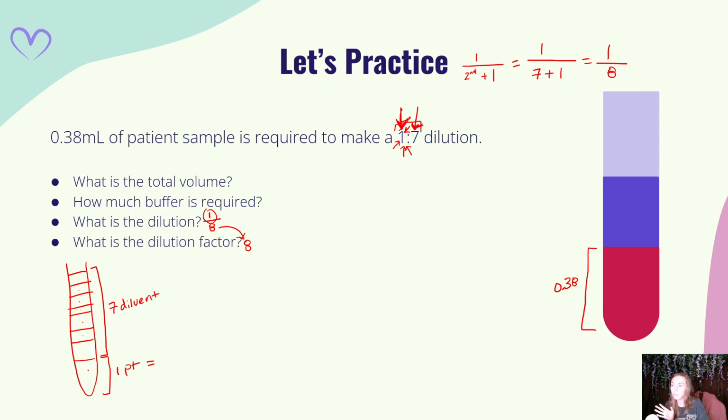We already know that that patient's 1 part is equal to 0.38 mils. We have 7 parts diluent. So because we have 7 parts diluent, we can just take our value for 1 part here, which is 0.38, and multiply that by 7, which equals 2.66 milliliters of buffer.